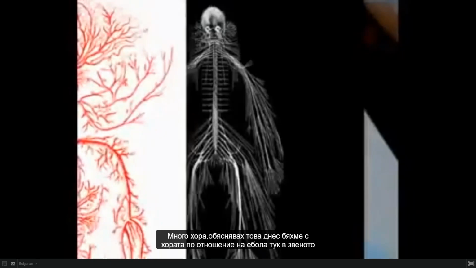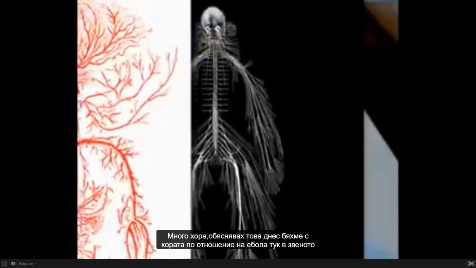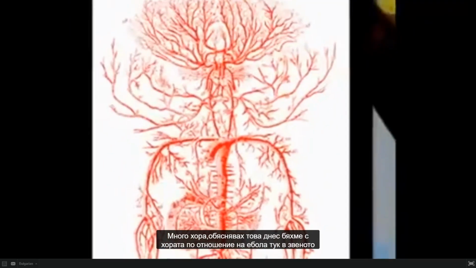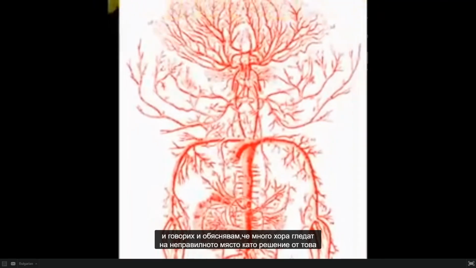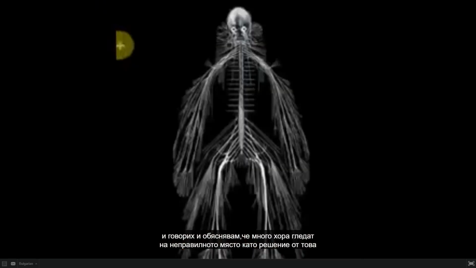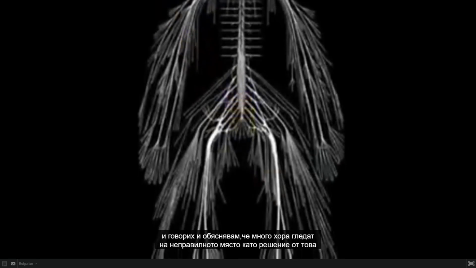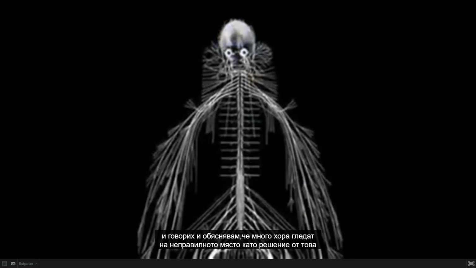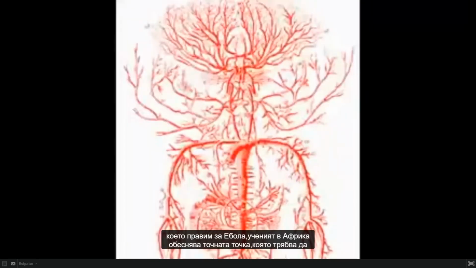A lot of people, I was explaining this today, we were with people regarding Ebola here in Italy. And I was explaining that a lot of people are looking in the wrong place for a solution from what we do for Ebola.